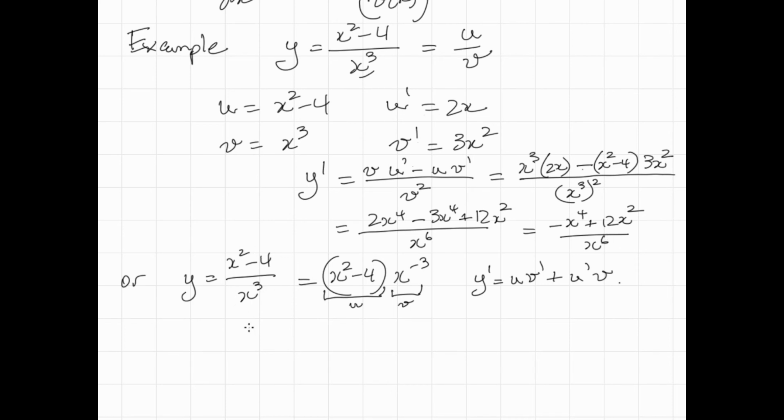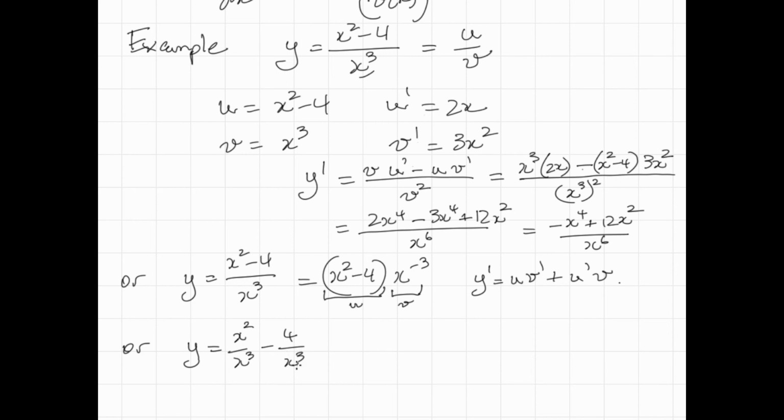Or a third way is to say, right, y equals, we could split this into 2. Knowledge of fractions means that this can be expressed as x squared over x cubed minus 4 over x cubed. If you like, this is like a backward step for adding or subtracting fractions.